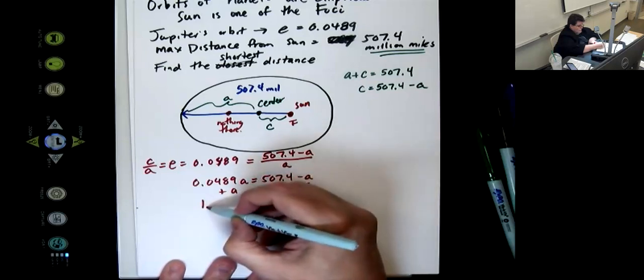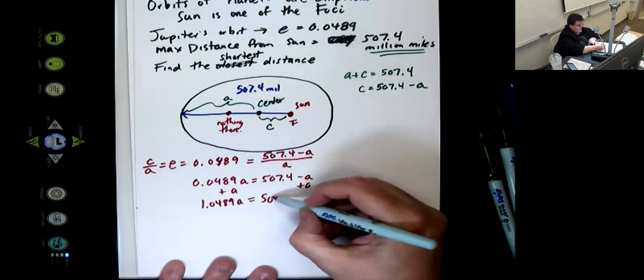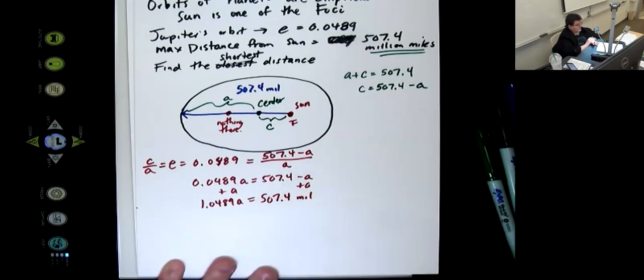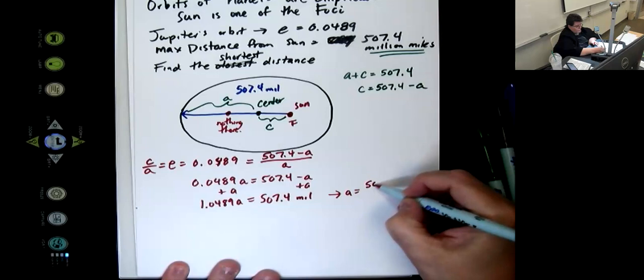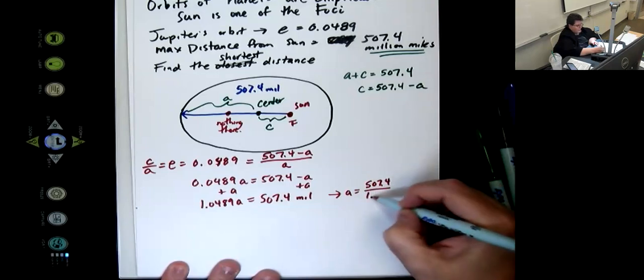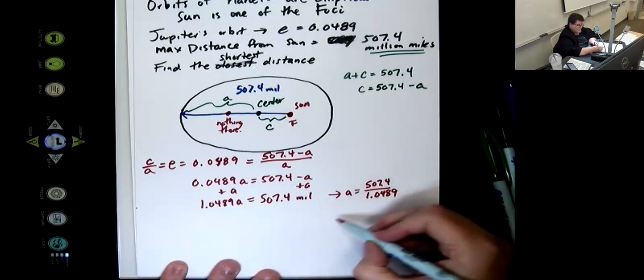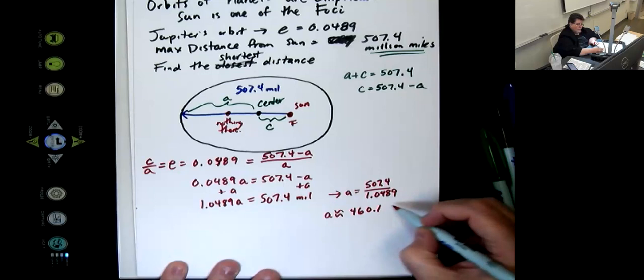I get 1.0489 A equals 507.4 million still. And so A equals 507.4 million over that 1.0489. A is approximately 460.1 million miles.